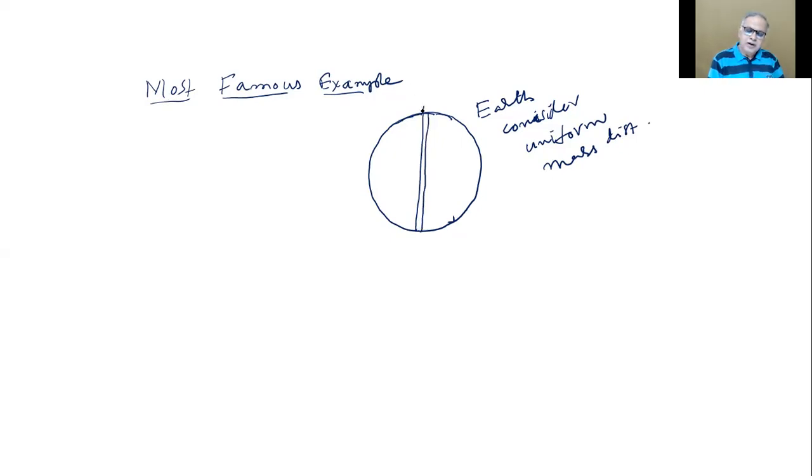Now drop a body here. Drop means freely drop, u equals 0. First show the motion is simple harmonic, which we actually had a problem in simple harmonic motion, if you remember.